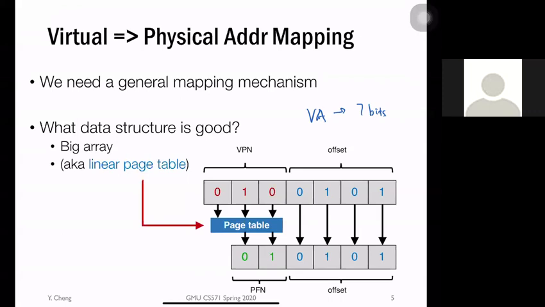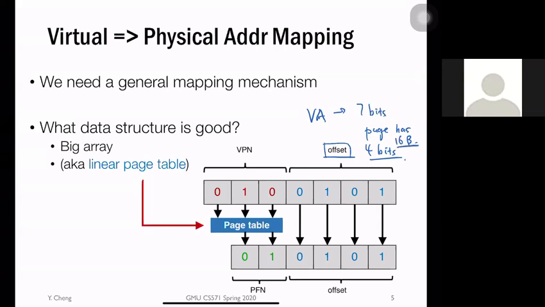This is determined by the low bits, which is called the offset field. In this example, the offset field, the low bits part, has 4 bits. That means the size of the page is 2 to the power of 4, which is 16 bytes.